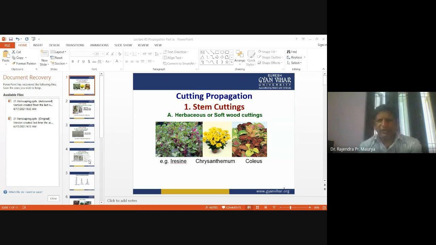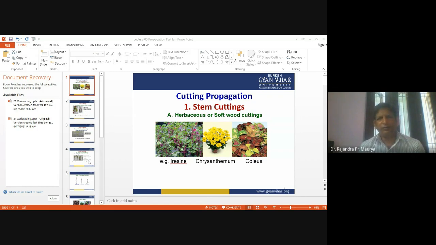The second one is rejuvenation. This is also a very important thing, because if we collect the planting material from older plants, then we will get a low success rate. But if we get the planting material from the new growing points, then we will get a higher success rate.